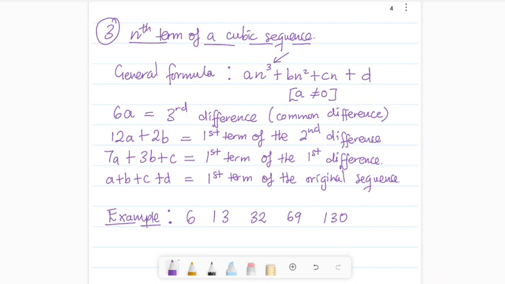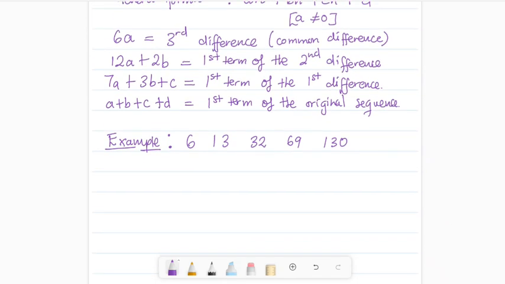So you always start from the bottom going up. You'll see once we do the example. Then the third formula, 7a plus 3b plus c is equal to the first term of the first difference. And then finally we have a plus b plus c plus d is equal to the first term of the original sequence.